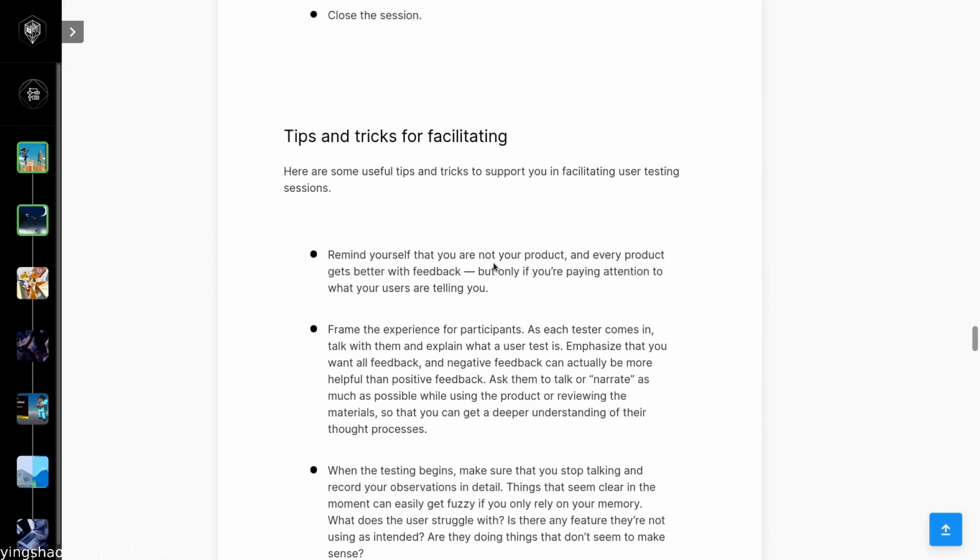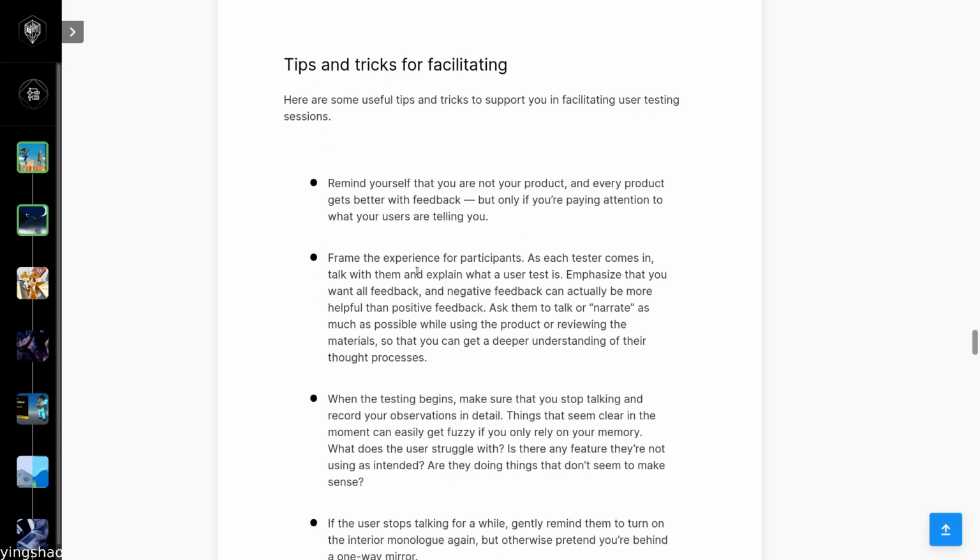Remind yourself that you are not your product, and every product gets better with feedback, but only if you are paying attention to what your users are telling you. Inform the experience for participants. As each tester comes in, talk with them and explain what a user test is.